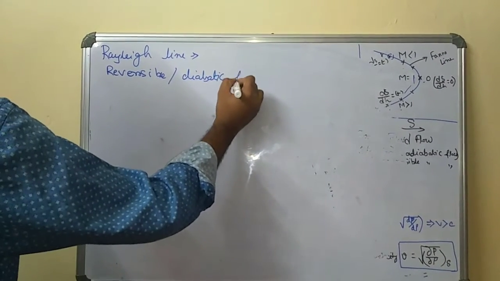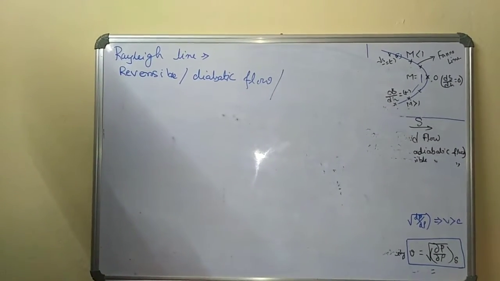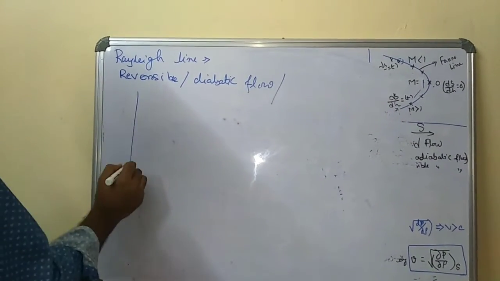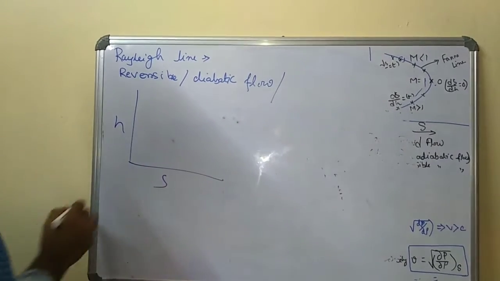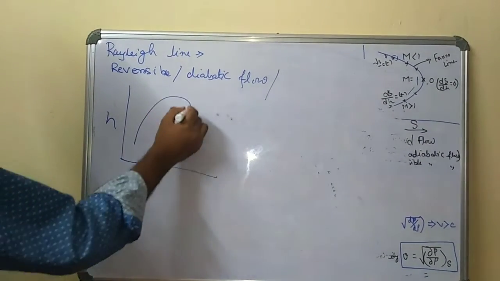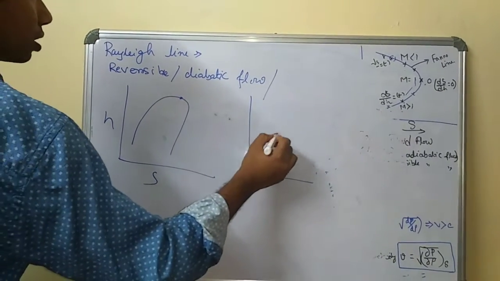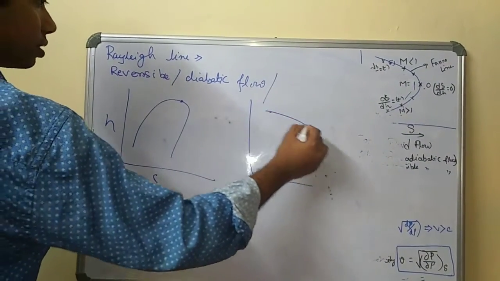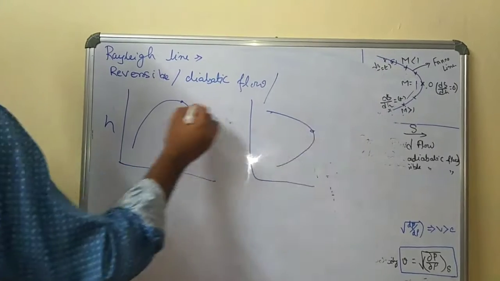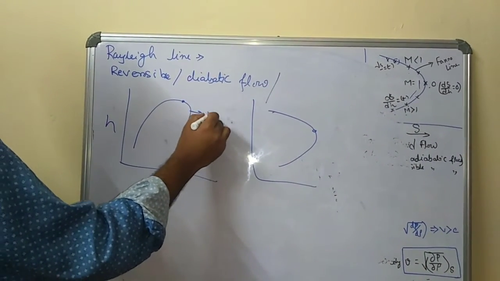In diabatic flow, heat transfer takes place. If you draw the diagram of the Rayleigh line in an h-s plot in similar fashion, you get these two types of curves. The Fanno line was this one. This is the maximum point. Similarly, this point is also a maximum point, and this indicates the Rayleigh line.